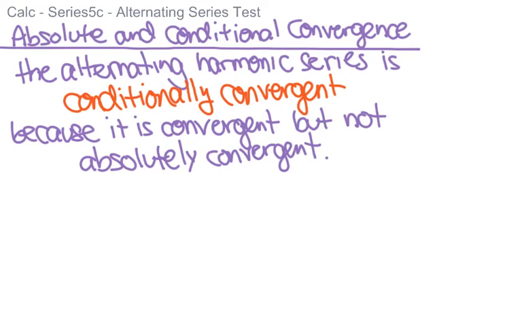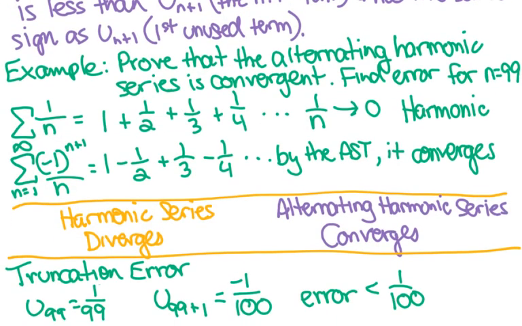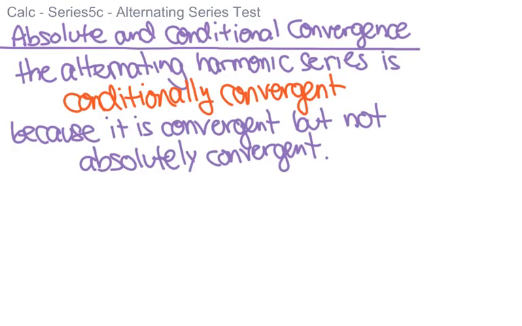So again, the harmonic series, p equals 1, is divergent. Look back at it. The harmonic series is divergent, and the alternating harmonic series is convergent, and that allows us to make this conclusion. So that is the best and most clear comparison between absolute and conditional convergence.